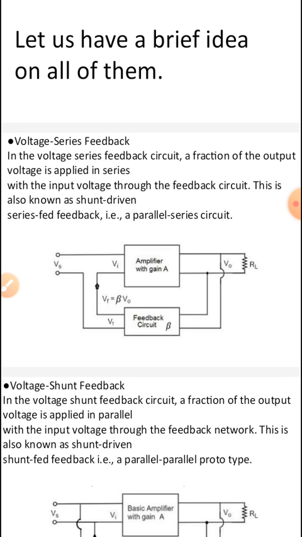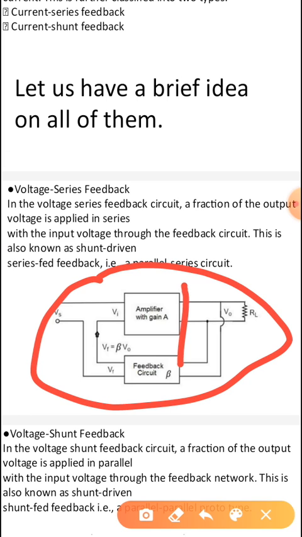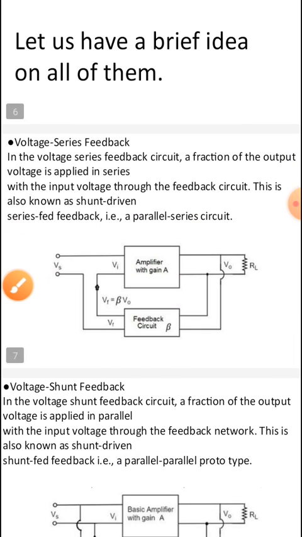The following figure is a block diagram of voltage series feedback, by which it is evident that the feedback circuit is placed in shunt with the output.